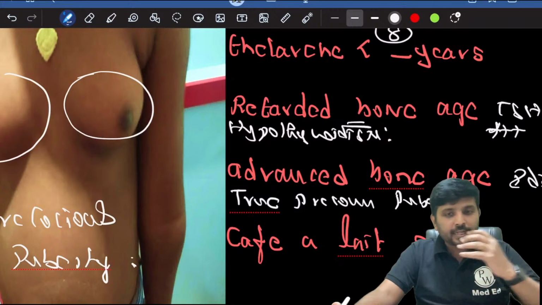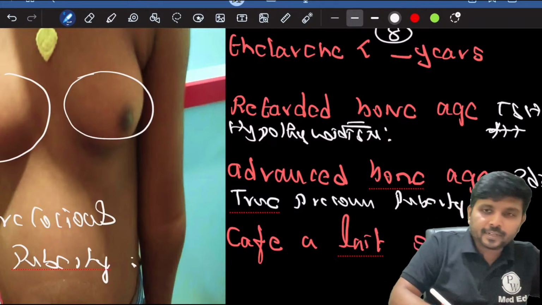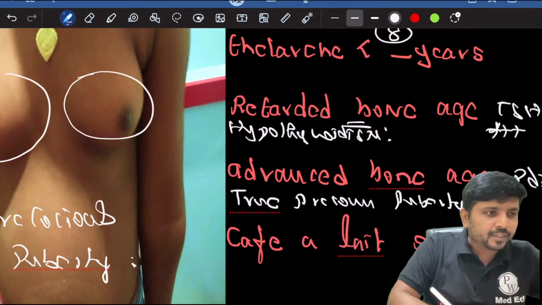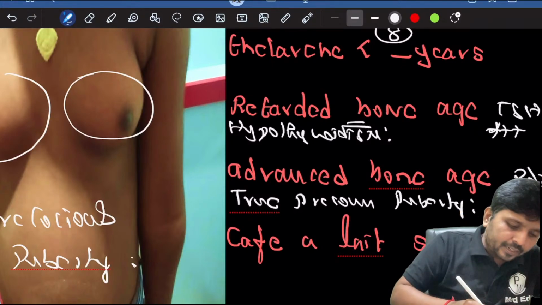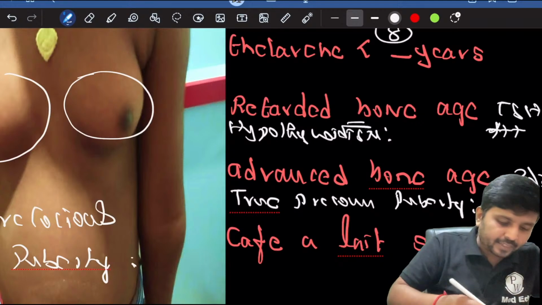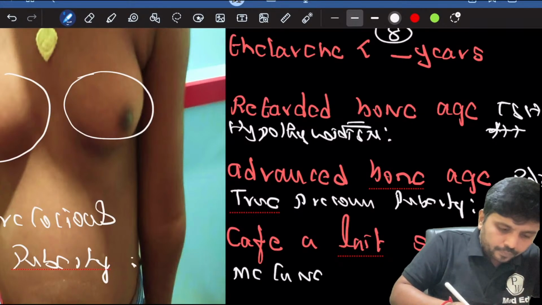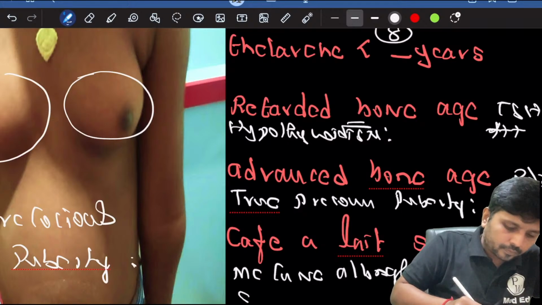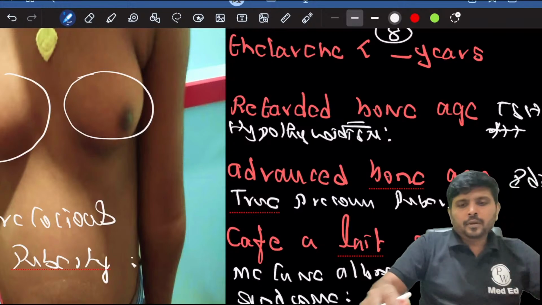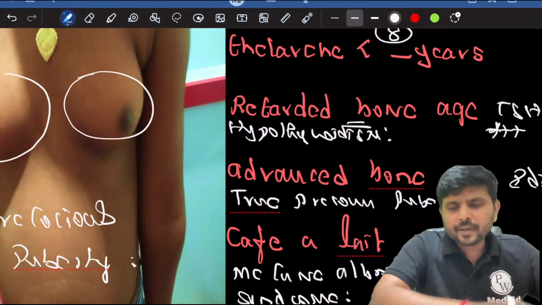When precocious puberty is associated with café-au-lait spots, then it is called McCune-Albright syndrome.